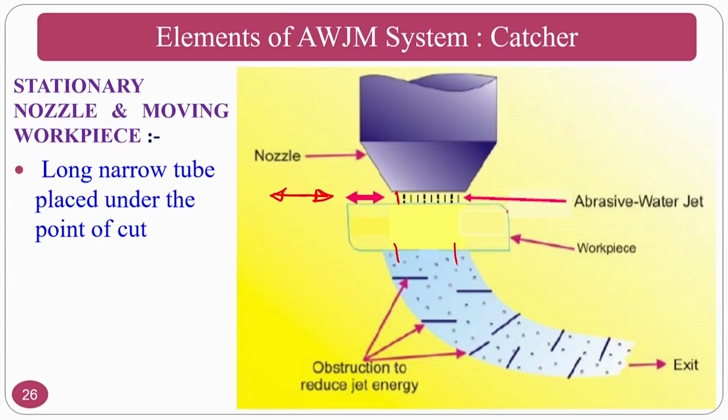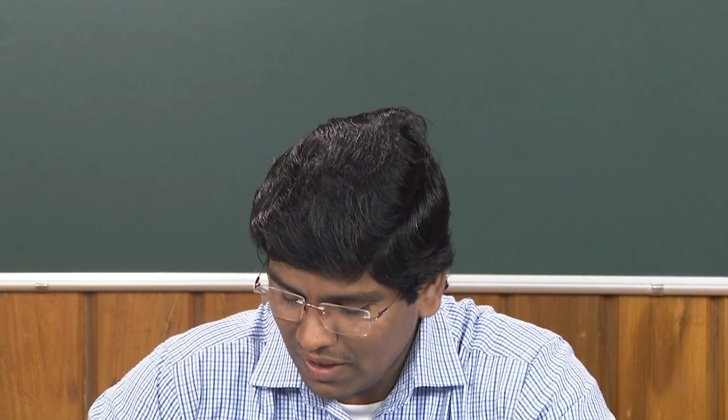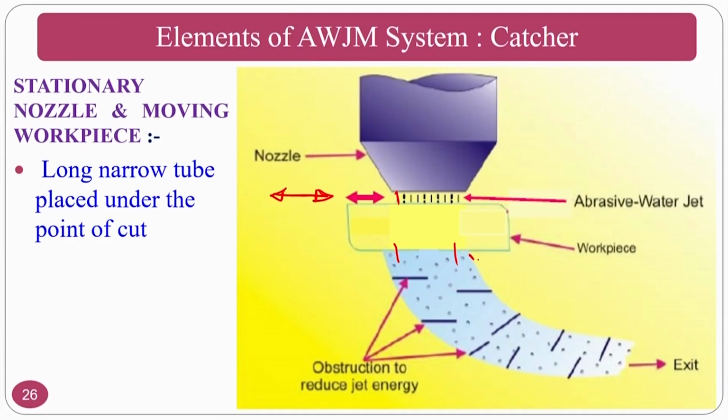As we have seen the path of the abrasive water jet, this will follow similarly. So, you will have a catcher which is a bag in the similar direction, where you can see the obstructions to reduce the energy. This bag will be provided with some obstructions.